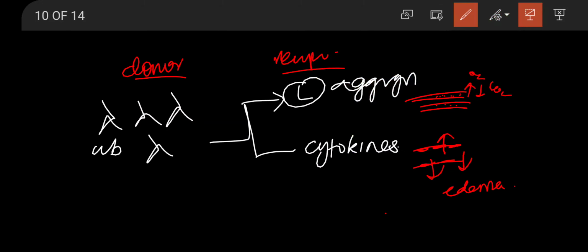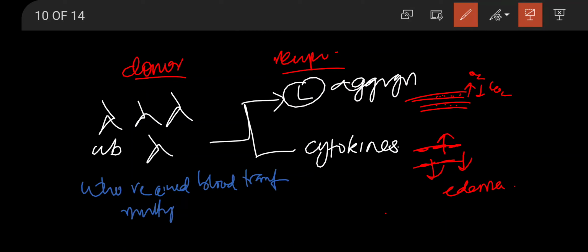So who are the people who have a lot of antibodies? Those who received multiple blood transfusions, or multiparous women, meaning who have had a lot of pregnancies, more antibodies will be there.